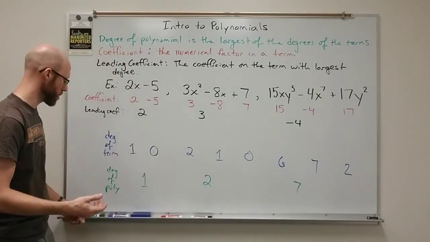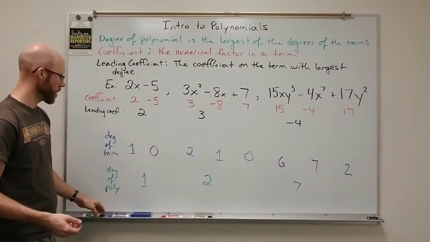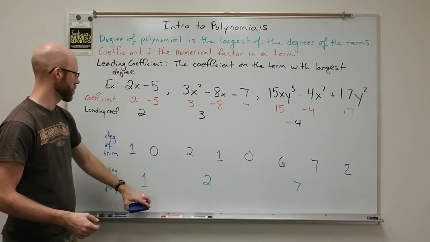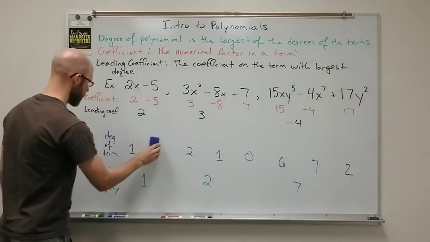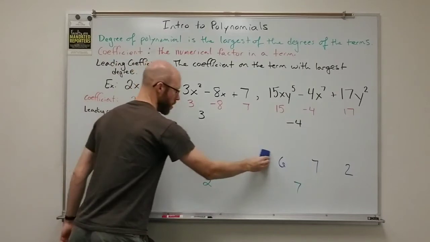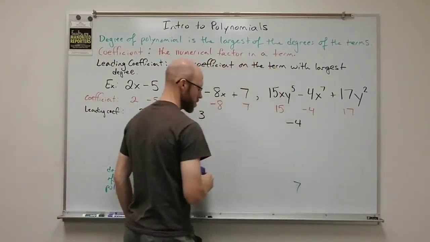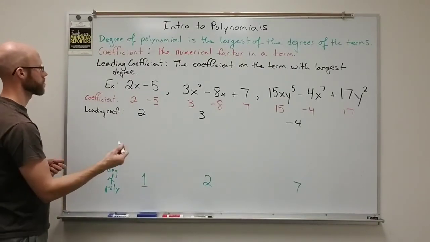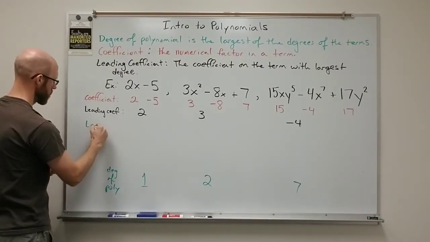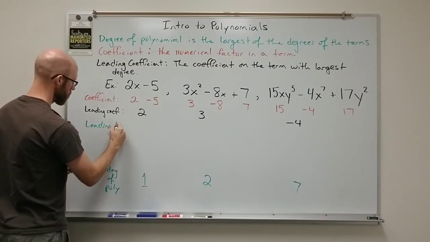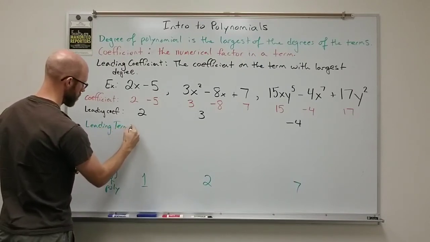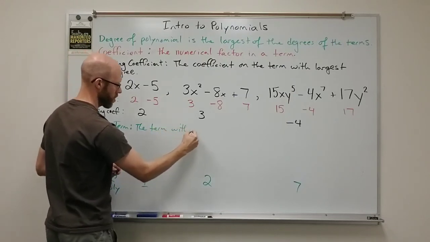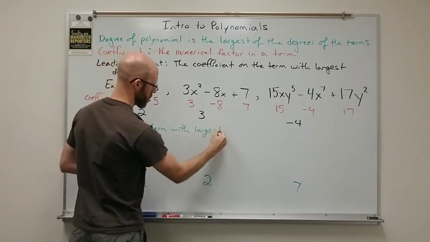Finally, the expression I was going to get at the beginning is the leading term. The leading term of a polynomial is the term with the largest degree. Okay, so I'll give you a definition here. Leading term is the term with largest degree.